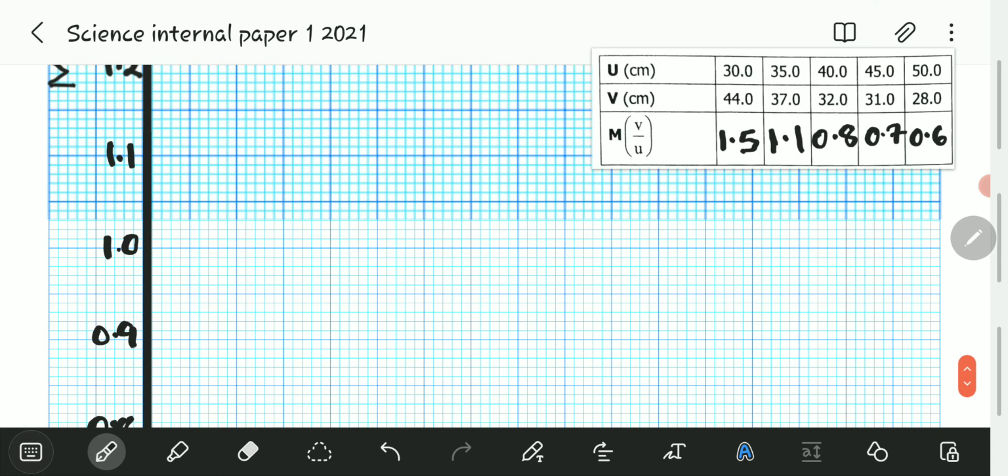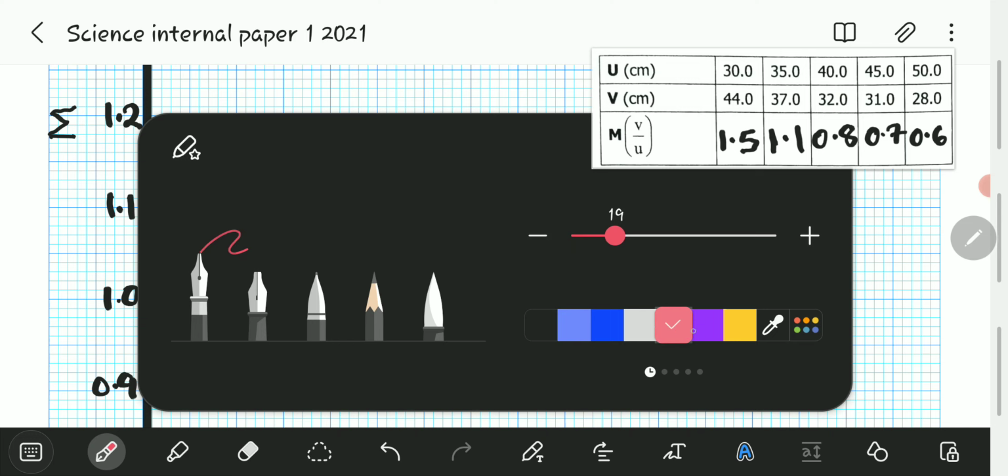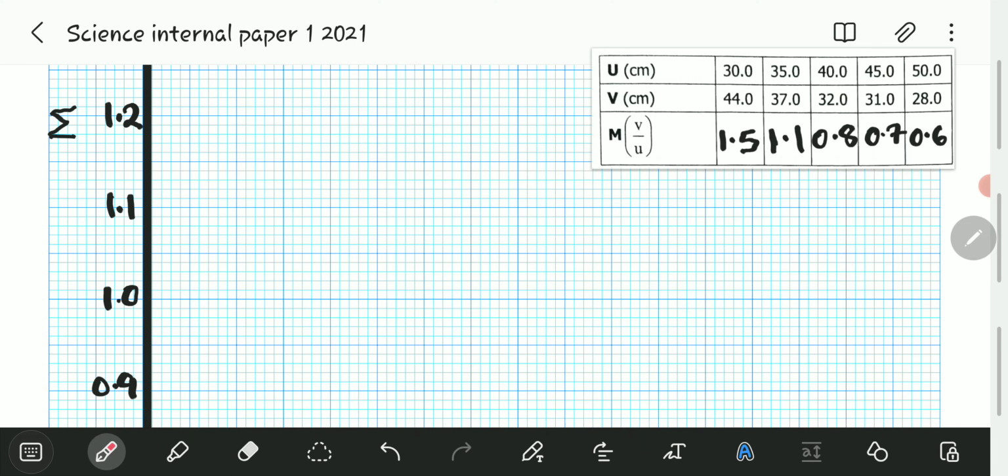Now, for correctly labeling the axes and the title, you have already gotten your first mark.